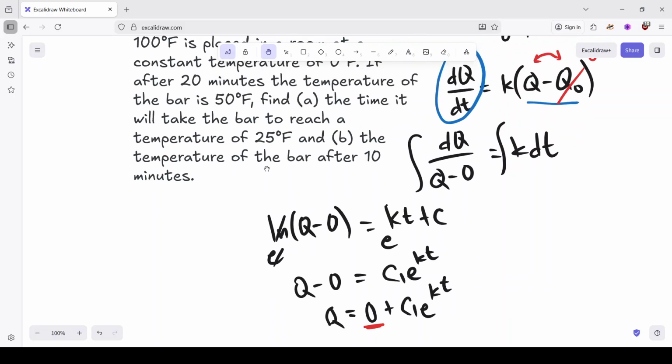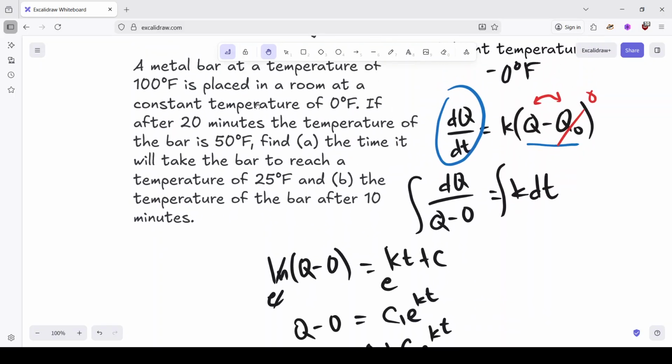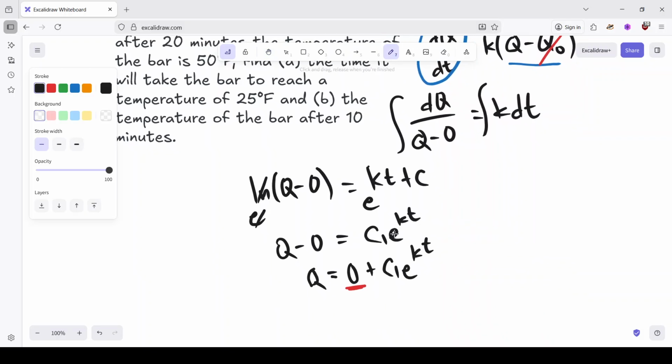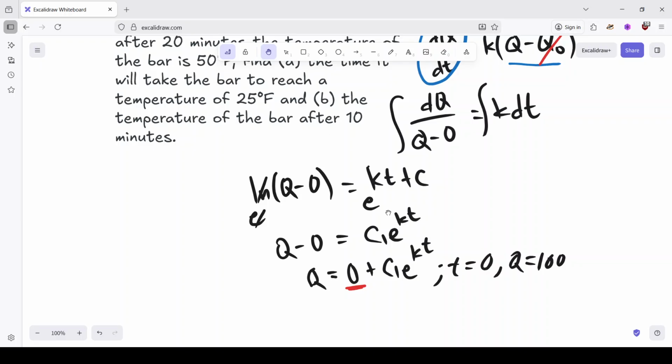Now, looking at the given, the temperature of the bar is 100 degrees Fahrenheit at the start. Meaning, at time 0, Q is 100. We can substitute this in the equation.